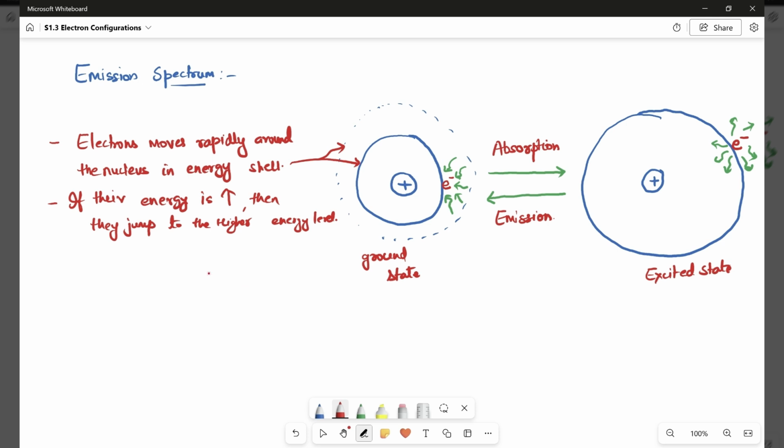But this process is not permanent, it's a reversible process. Why reversible? Because the electron can come back to the original.